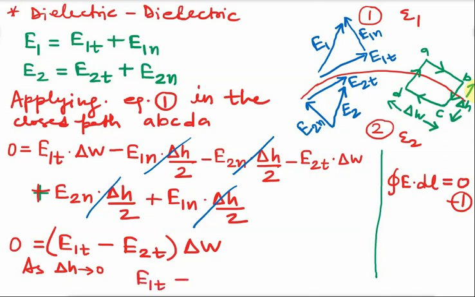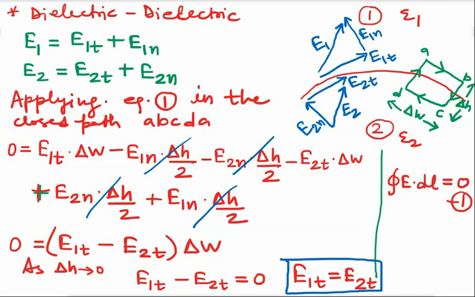E1t minus E2t equals 0, so E1t equals E2t. This is the first boundary condition, that E1t equals E2t, and let's say this is equation 4.